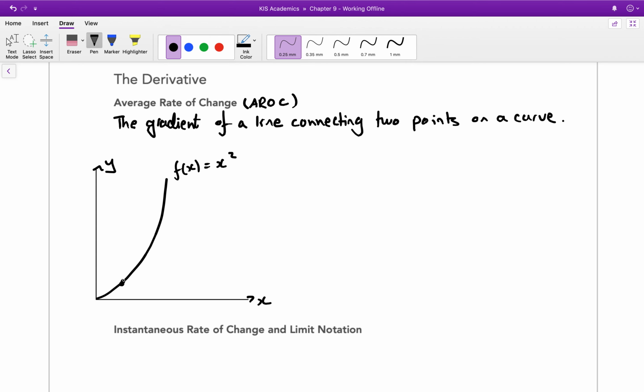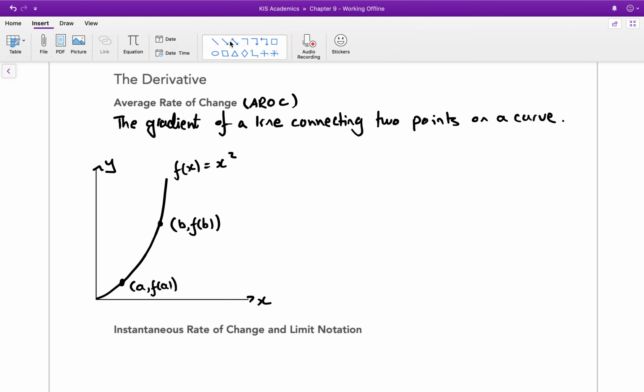Let's say this is point A, which means our y value is f of A, and the point up here is B, f of B. Then when we talk about the average rate of change, what we're doing is we're drawing a straight line from our 2 points, so from A to B, like that.